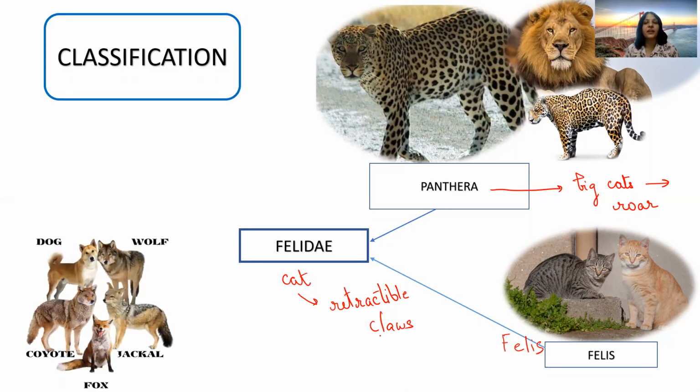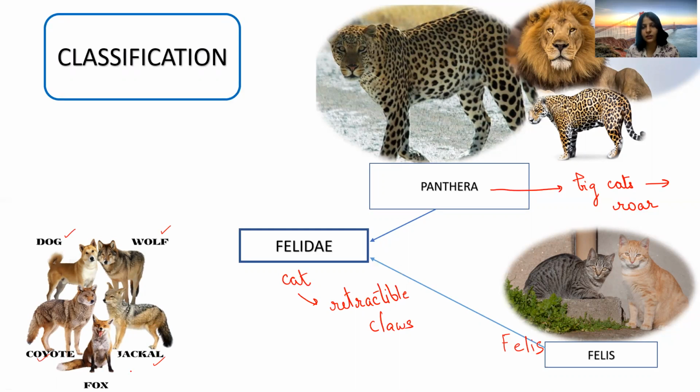Now, we have another group of organisms which consists of dog, wolf, jackal, coyote, fox, and most of them are omnivores also, and they are carnivorous also. Means yes, if you give them flesh, they will like flesh.